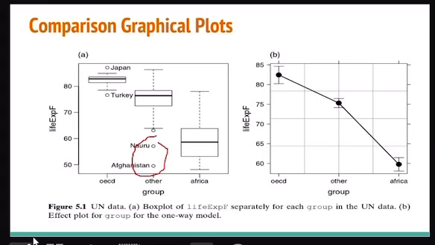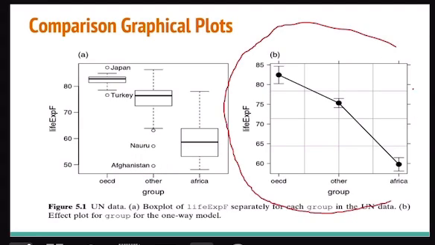Now, when you take a look at the second one, it is what we call an effect plot. If I move from the OECD, look at that. This is confirming the OECD is consistently the highest when it comes to life expectancy, and it is moving down. You can see that. And the lowest is Africa.